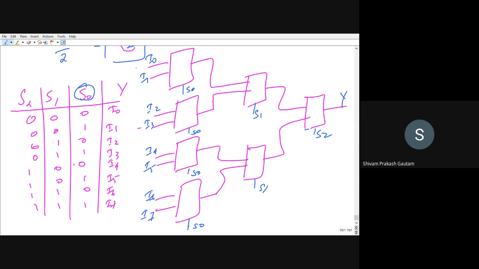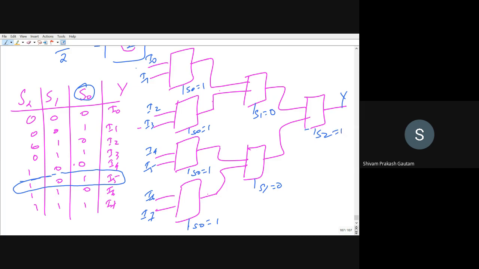Right? Let us just take only one case; the rest of the cases you can do by yourself. Let us take I5 and see whether we are getting I5 at the output or not. So for the first stage, S0 is 1 for all, S1 is 0 for all, and S2 is 1.